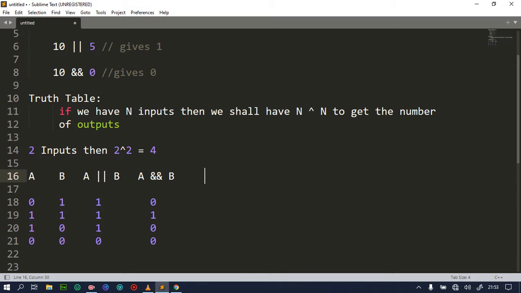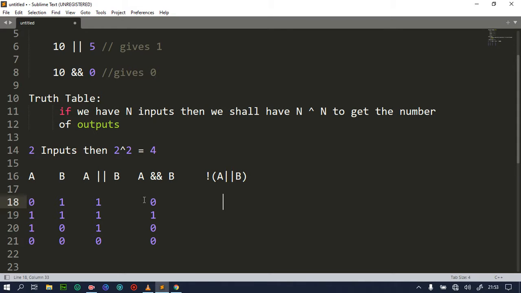Now, what if we had not A or B? Without forgetting, we already have a column for A or B. So if it's not, we said it's a negation.